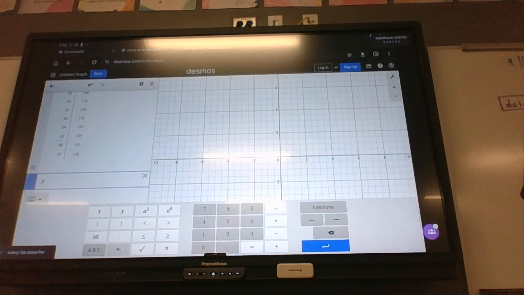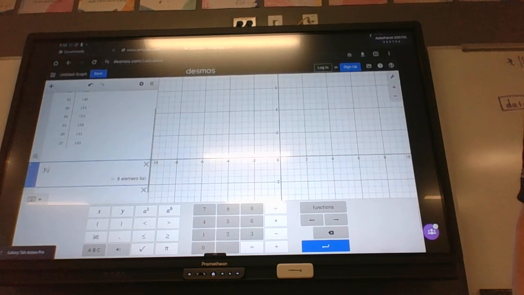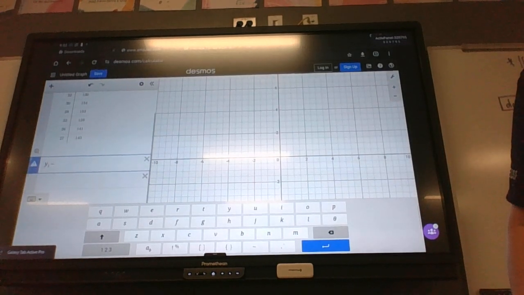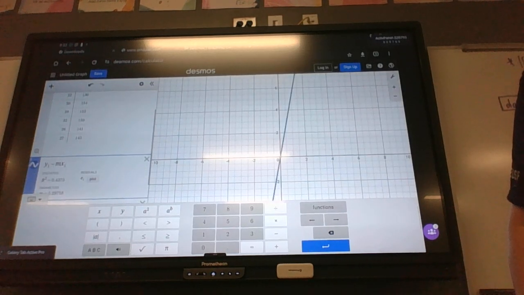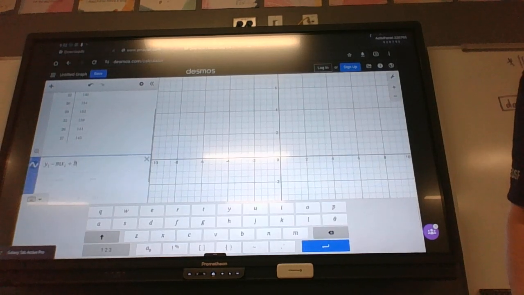Where is the squiggle? I just have it: y1 squiggle m x1 plus b.